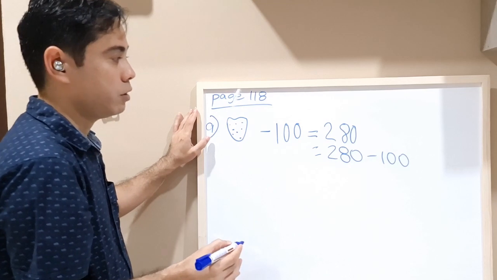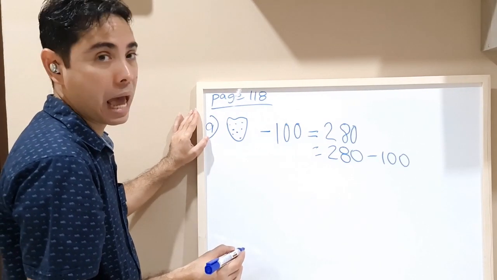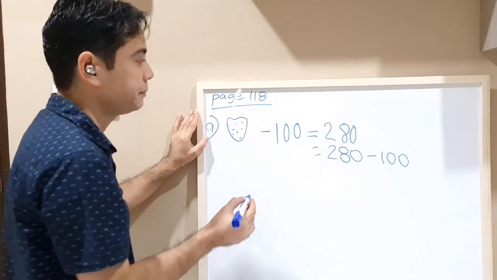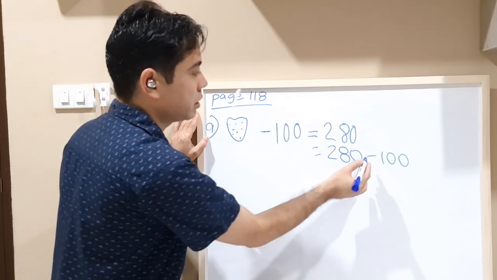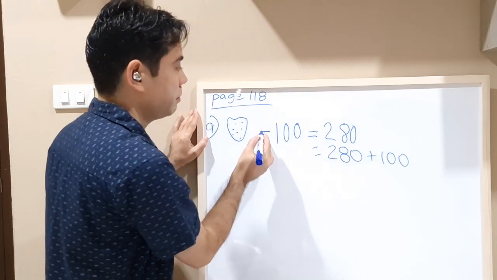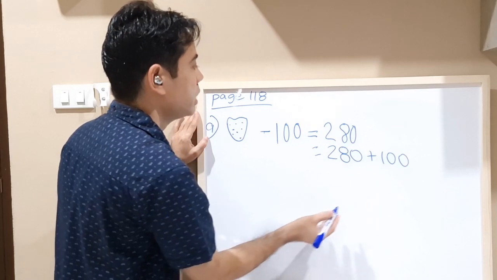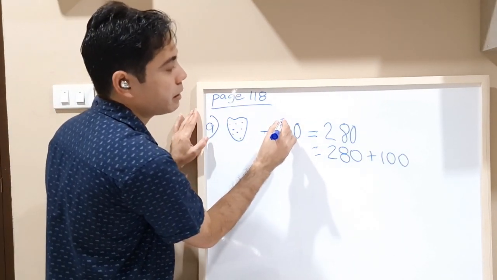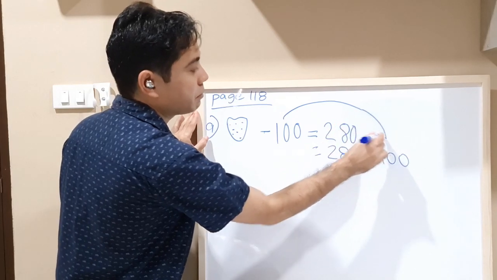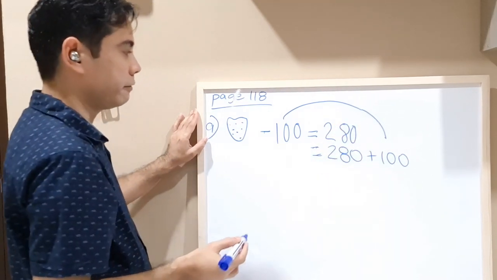But if we minus, we might not get the correct answer. So this will become plus. Negative 100 will be positive 100. Because we put the positive number, or the negative number, after the equal sign, it becomes positive.